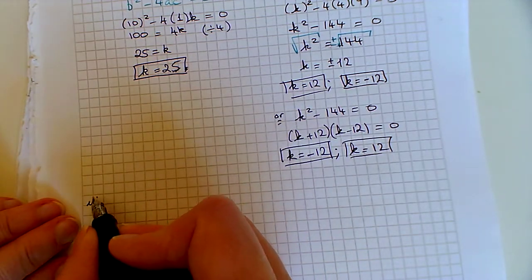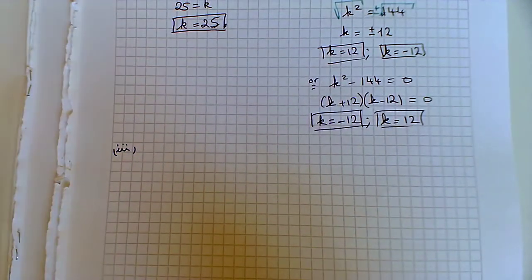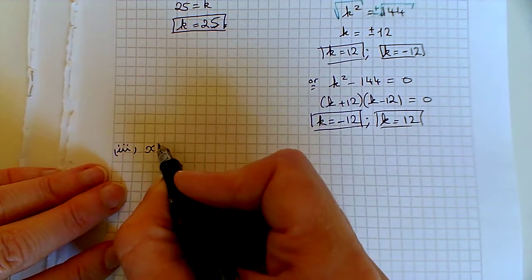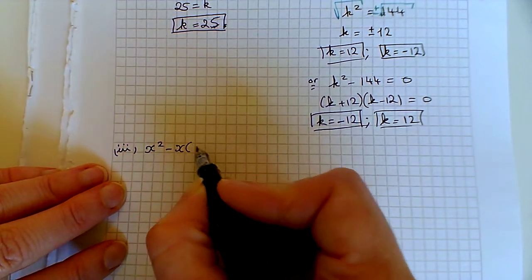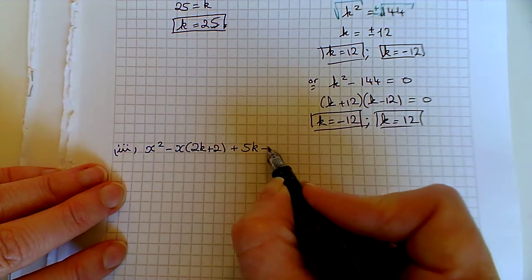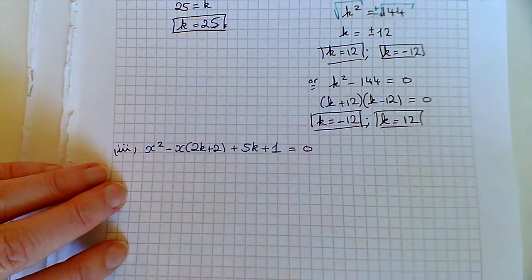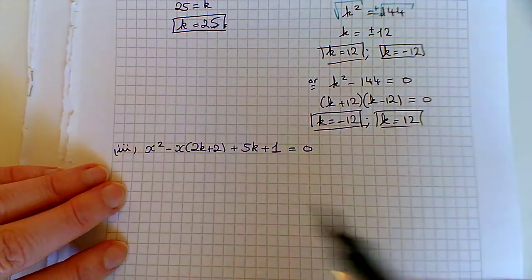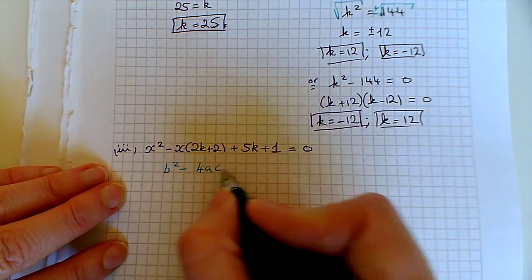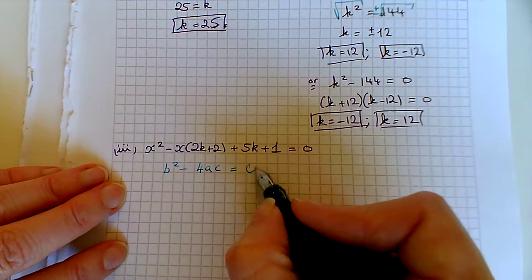Now, part 3. We're asked to find the values of k if x squared minus x by 2k plus 2 plus 5k plus 1 equal to 0 has equal roots. Again, we're using our discriminant, b squared minus 4ac equal to 0.